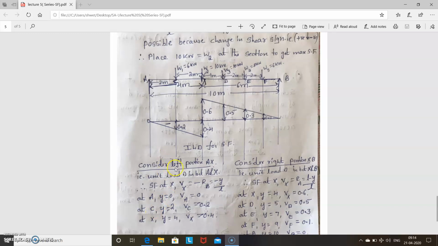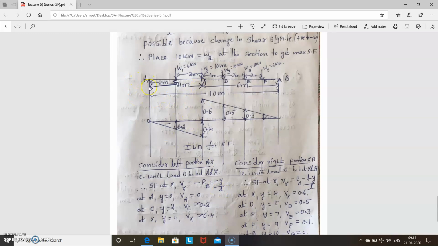First consider the left portion AX, meaning the unit load is between A and X. The shear force at X, considering this portion, is minus RB, since right side upward is negative. So minus RB equals minus y divided by L. Next find it at different points.